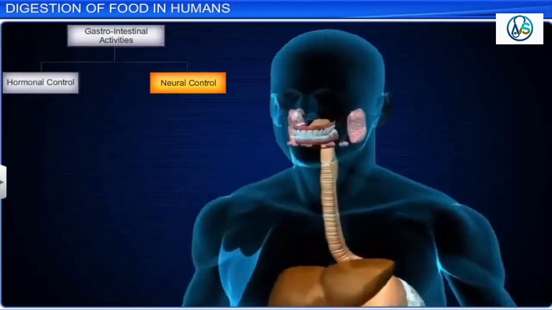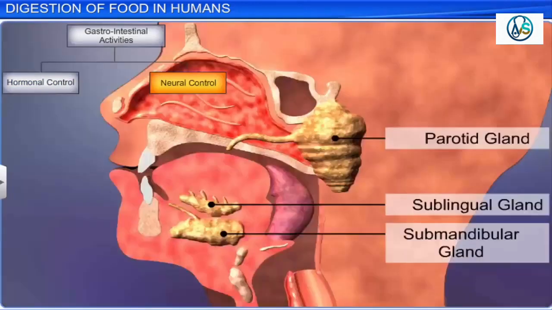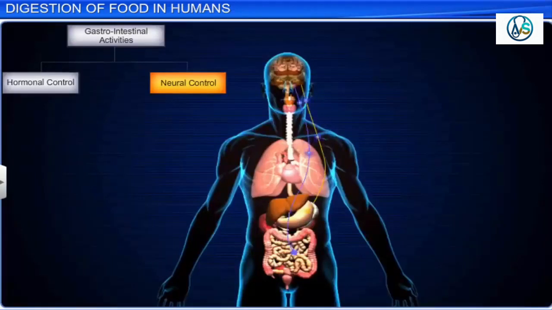On the other hand, the sight, smell or presence of food in the oral cavity leads to saliva secretion. Similarly, gastric and intestinal secretions such as pepsin and hydrochloric acid are also stimulated by neural signals. Neural mechanisms can also moderate the muscular activities of different parts of the alimentary canal, both local and through the central nervous system.